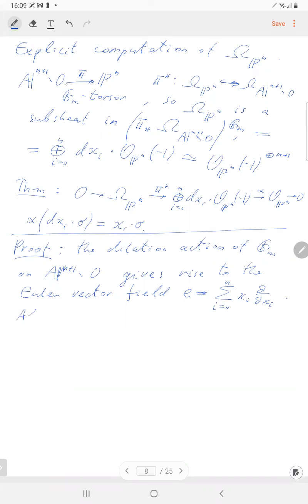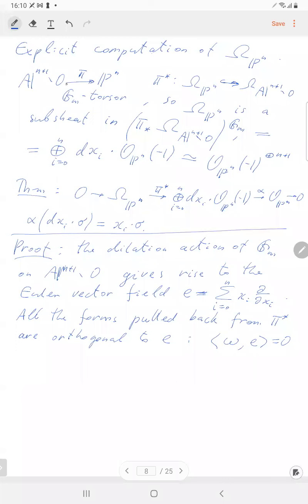So all the forms pulled back from the projective space are orthogonal to this vector field E. That means the scalar product of our form and this E is 0.